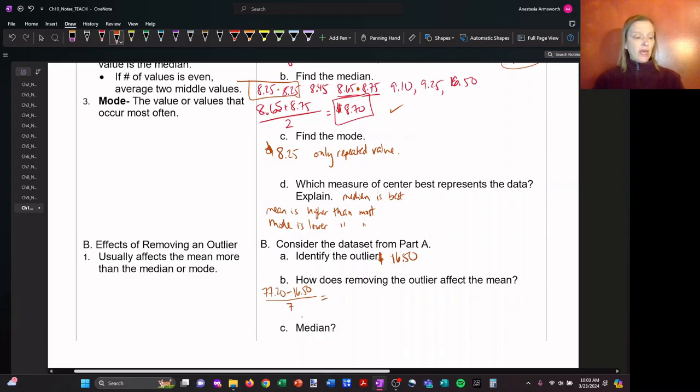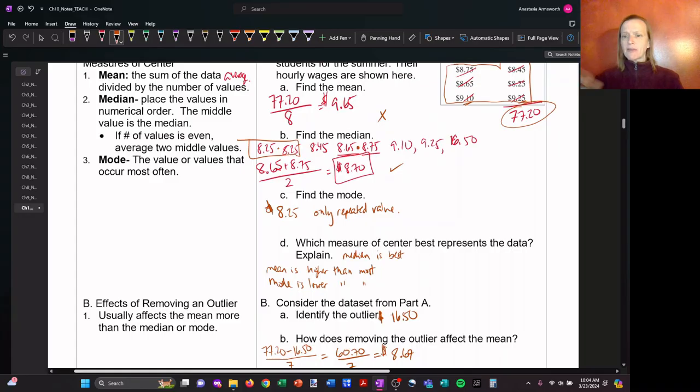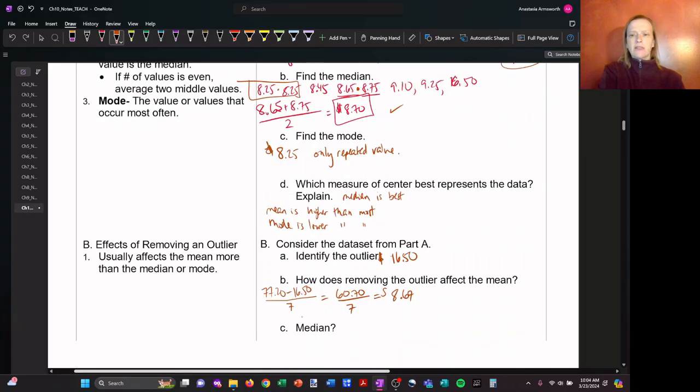So when I do that, I end up with $60.70 up top divided by 7. And so my new average is $8.67, my new mean.